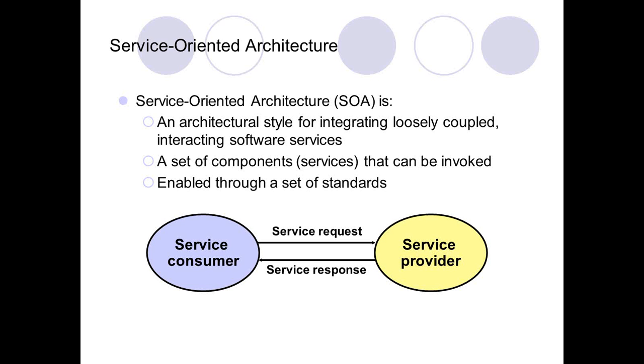We will revisit this point, but the important point here is that service and architecture make service-oriented architecture. If we combine it, there is a very good definition: an architecture style of integrating loosely coupled interacting software services.